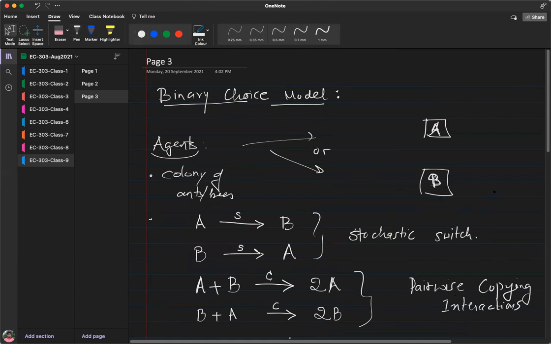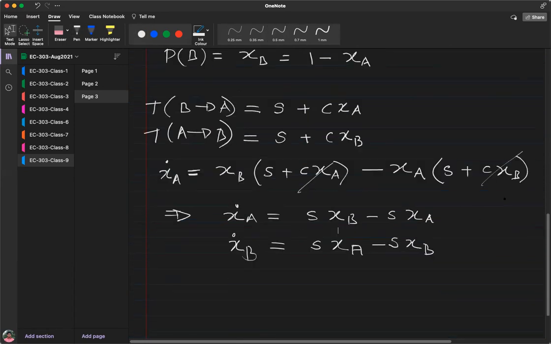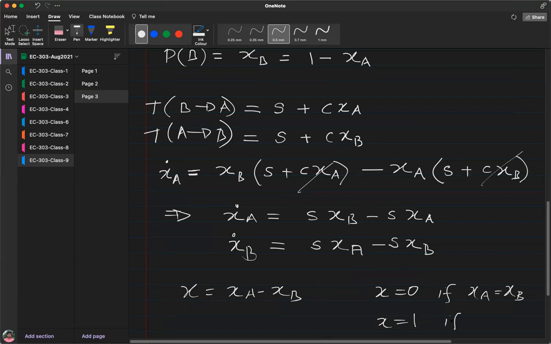Now let's define a new variable called x, which is xa minus xb. So x will be 0 if xa is equal to xb, meaning they're equally split. X will be 1 if xa is equal to 1 and xb is equal to 0, right?